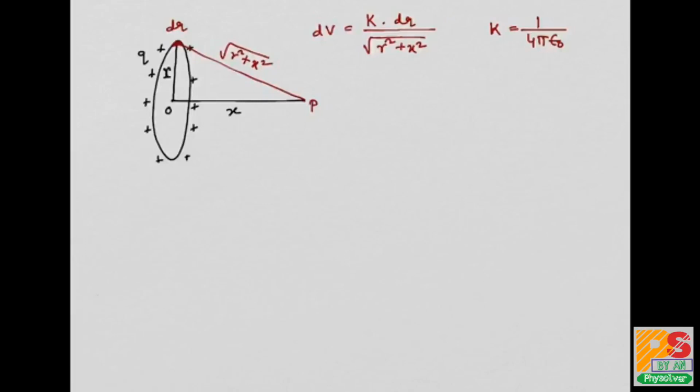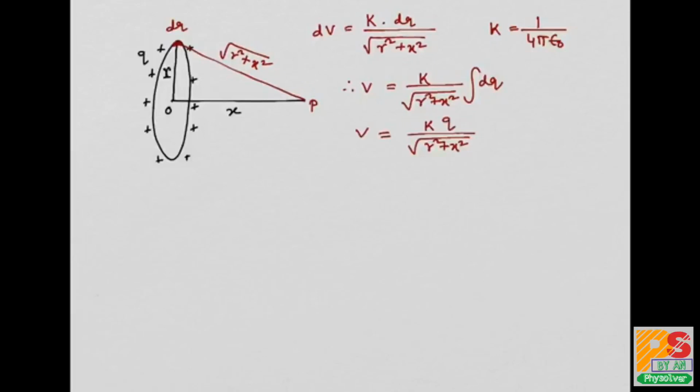Since potential is a scalar quantity, there is no direction. Therefore, V net at P is simply the integration of this. K by root over r square plus x square is constant, so we integrate dq, and the integration of dq is q.